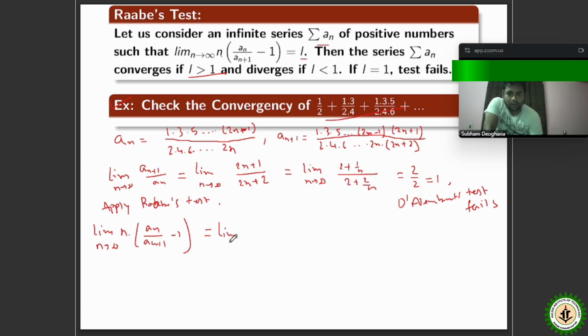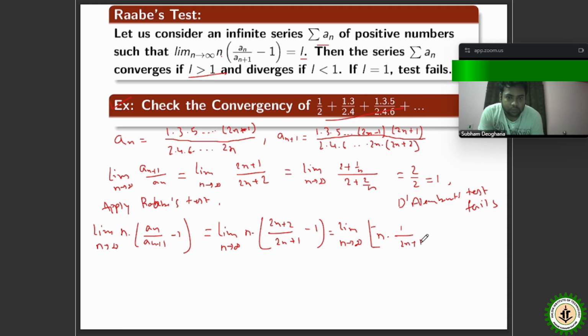This will have the value n into ((2n plus 2) by (2n plus 1) minus 1). Limit n tends to infinity, n into what will be the value of this? 1 by, this will be cancelled, 2n plus 1.